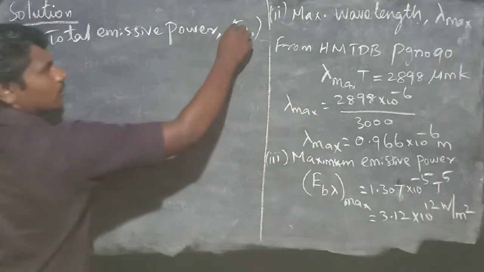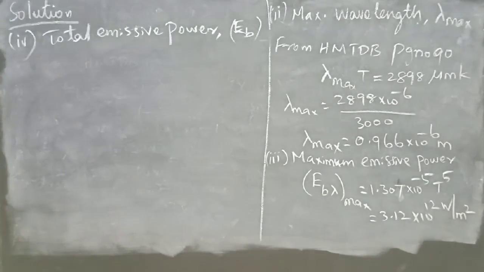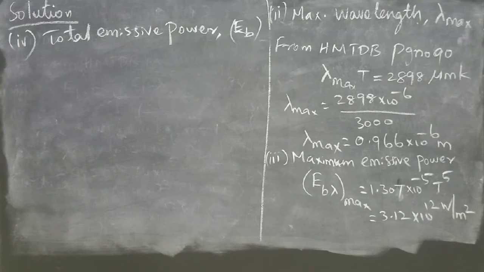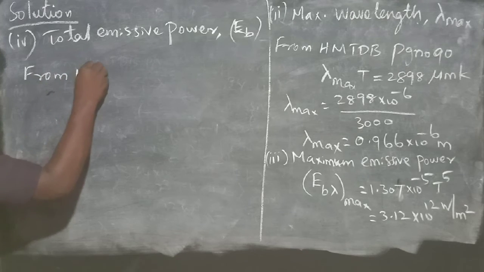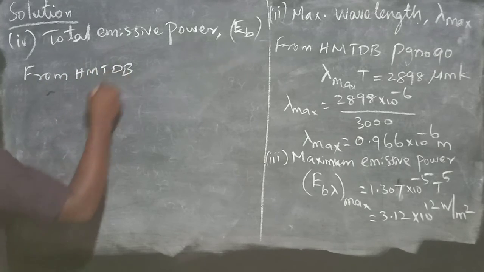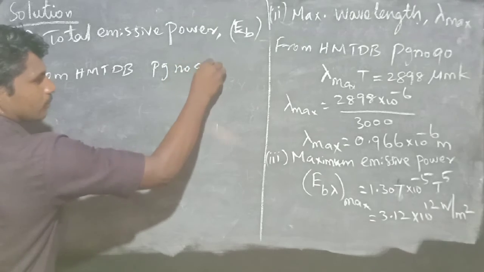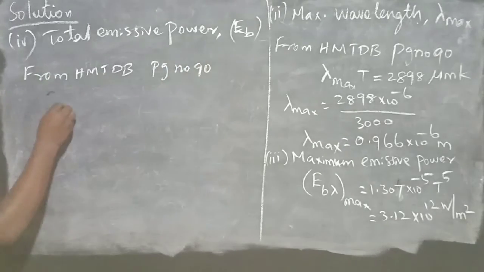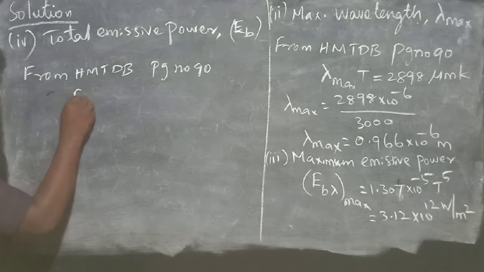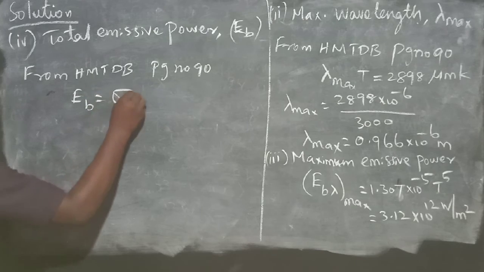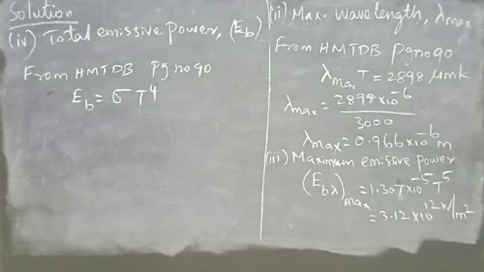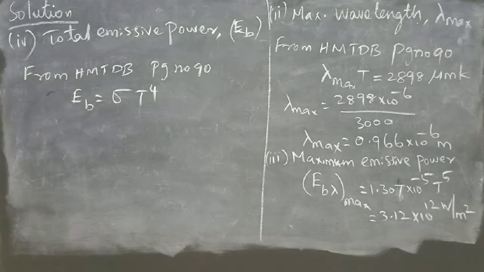For finding it, we can write the formula from the HMT data book, page number 90. The formula is E_b is equal to sigma into T power 4.